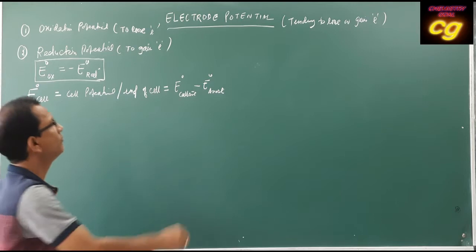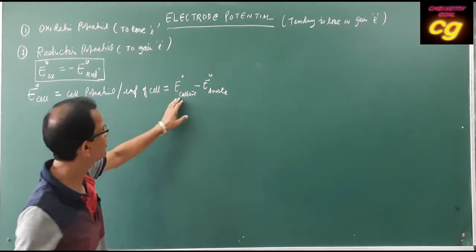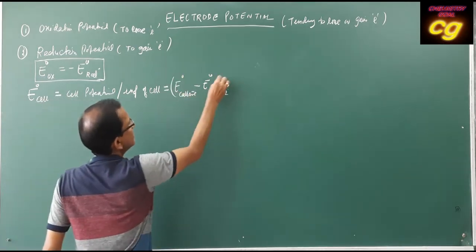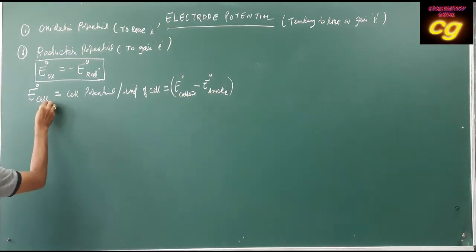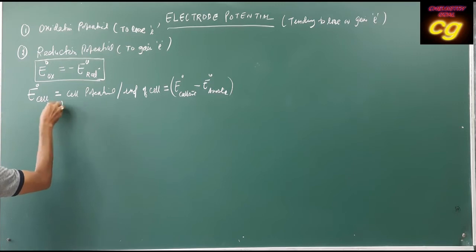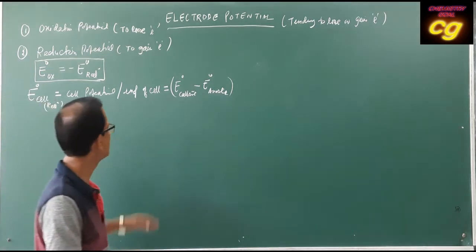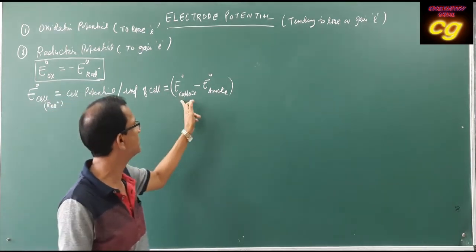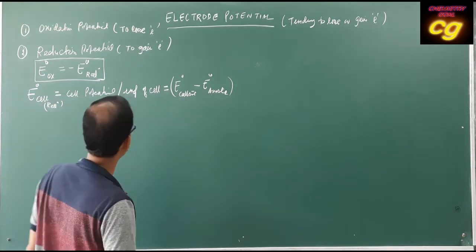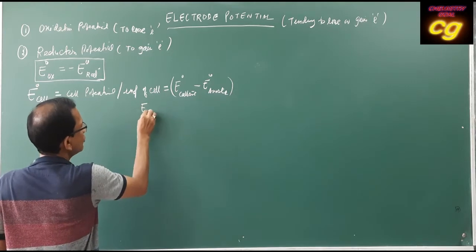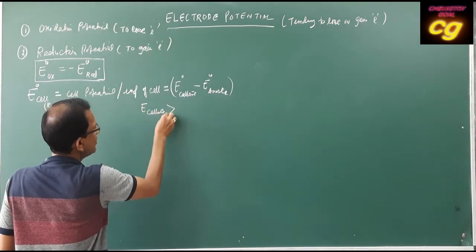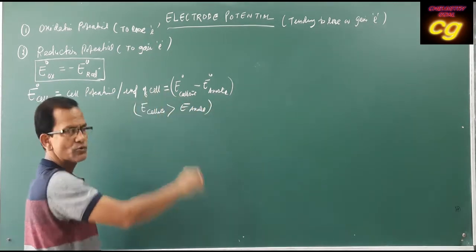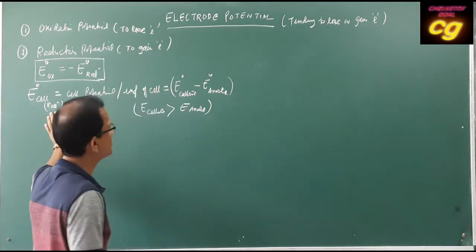Here the difference is in terms of reduction potential. As I told you in the last class, E cathode is always greater than E anode, that's why the difference must be positive.